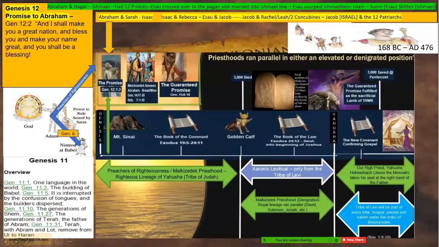And so we have that line that we're looking at: Nebuchadnezzar, Medo-Persia, Greece, and Rome. So here again, just thinking about the previous timeline I showed you, Yahushua HaMashiach was born under the book of the law, and he was born under the time of the Roman rule.